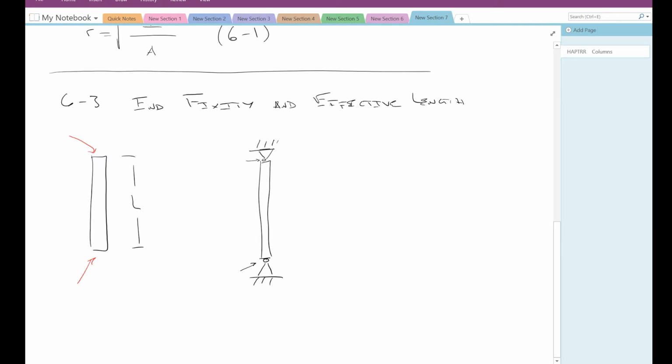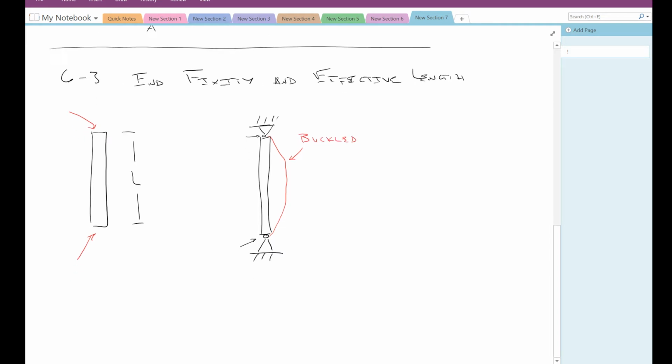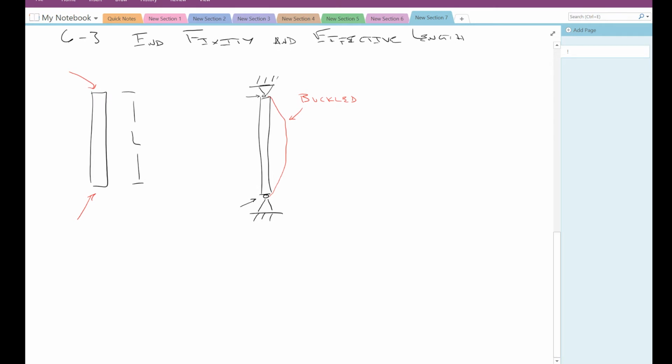So it can rotate, and if you have a buckled column, you might have something that has a shape like that. Maybe I'll draw that a little better. Like that. So this is our buckled column right there. These ends have rotated, but they haven't translated.